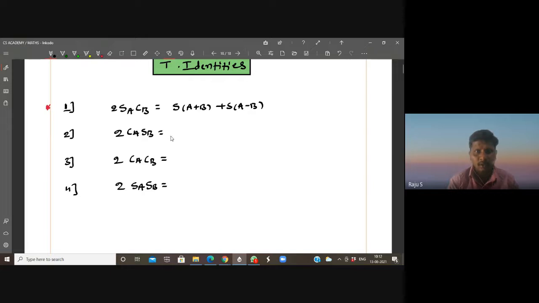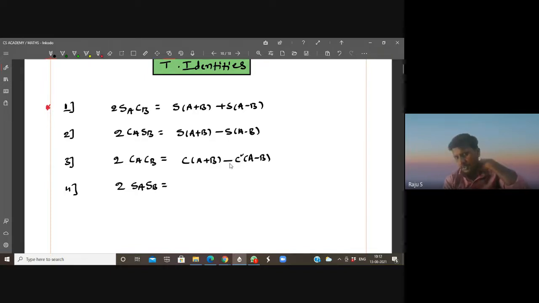Am I right? This is sine of A plus B plus sine of A minus B, very important formulas. And 2 cos A cos B, cos of A plus B, minus or plus cos of A minus B? Anyone? Is there minus or plus? It is plus. Okay, till here it is okay. But this is important. Many of them can get confused here remembering this.